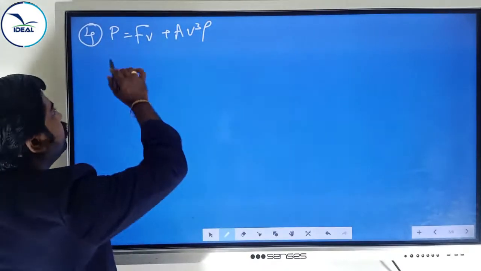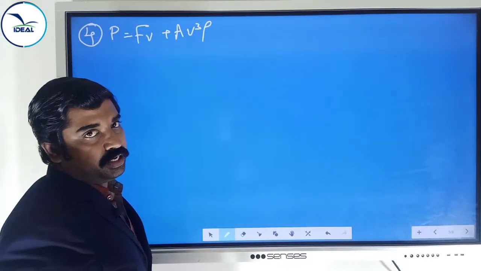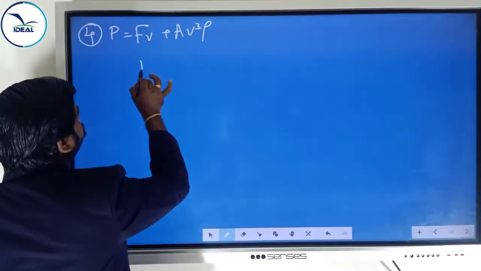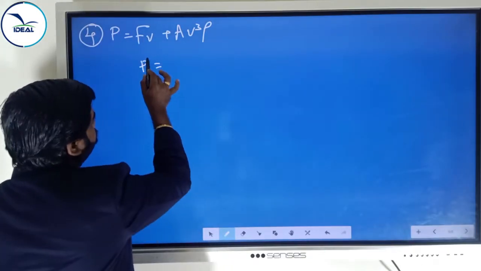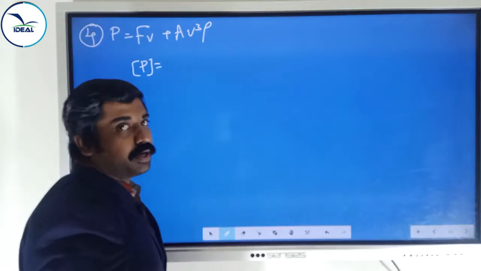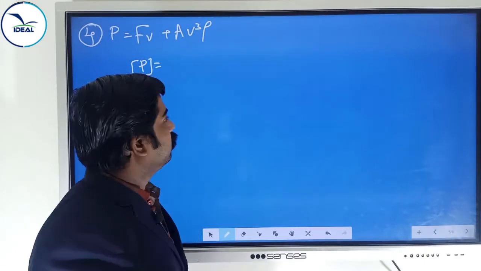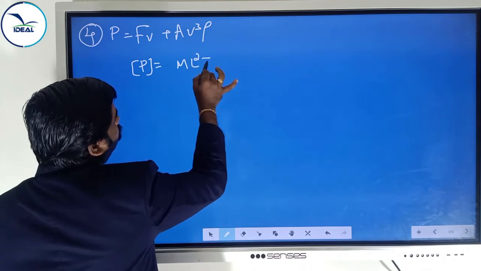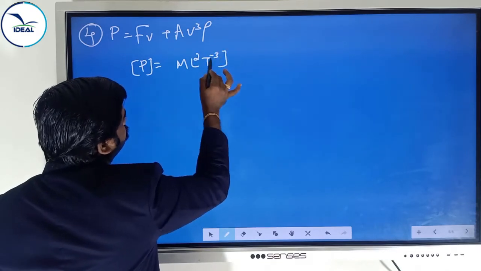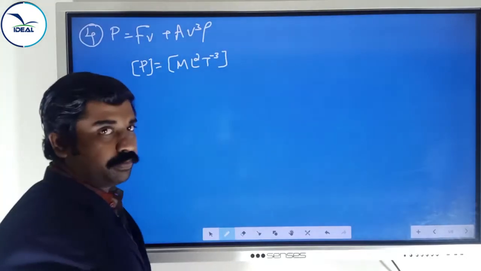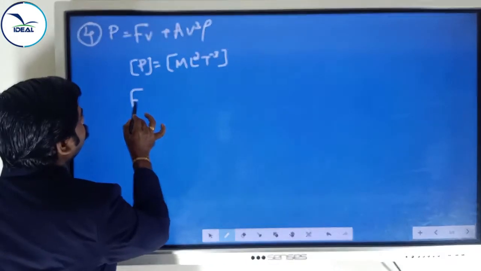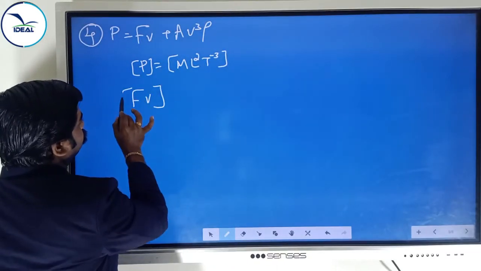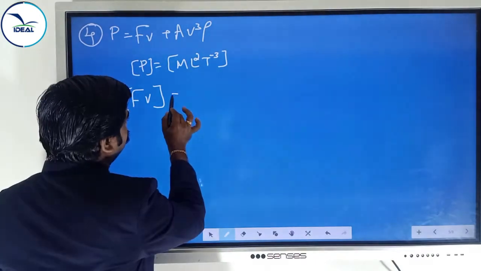Here P is power. So we know the dimension of P, what is that? Power is work by time. So that is M L square T raised to minus 3, isn't it? Then what is the dimension of Fv that we want to find out?